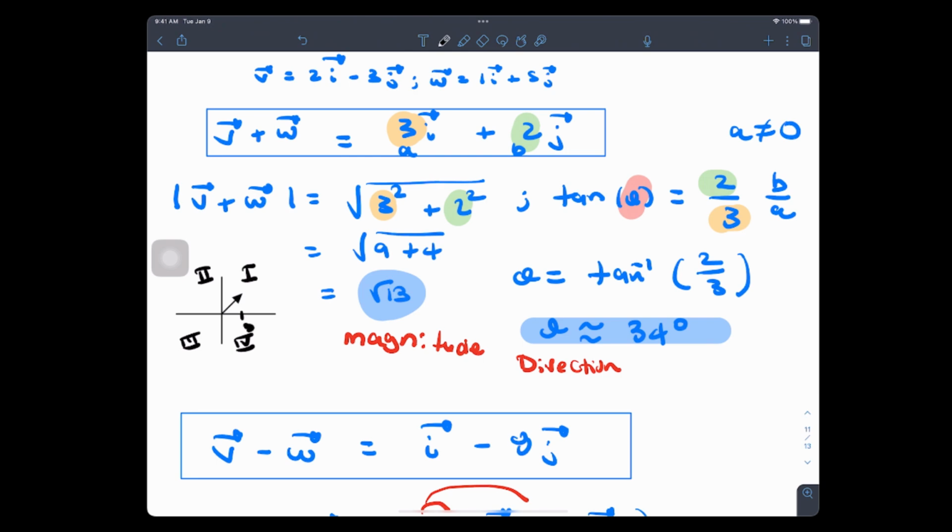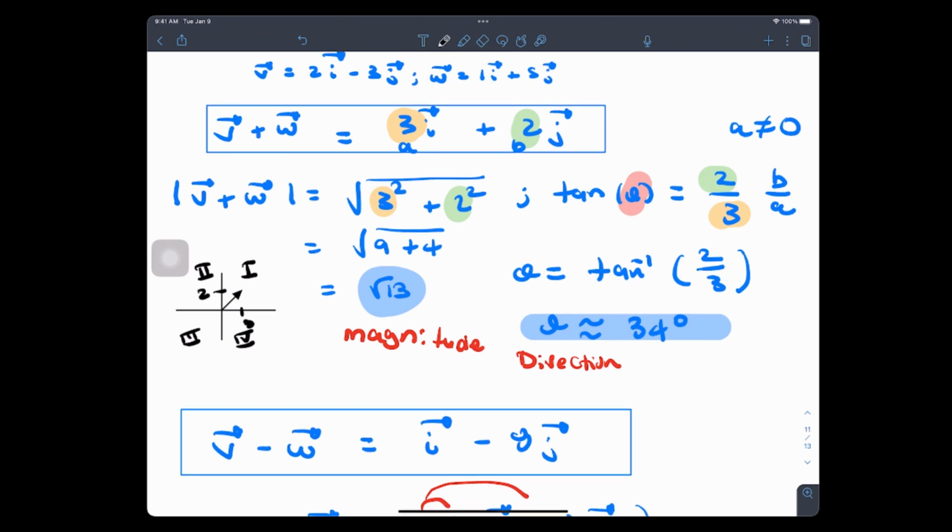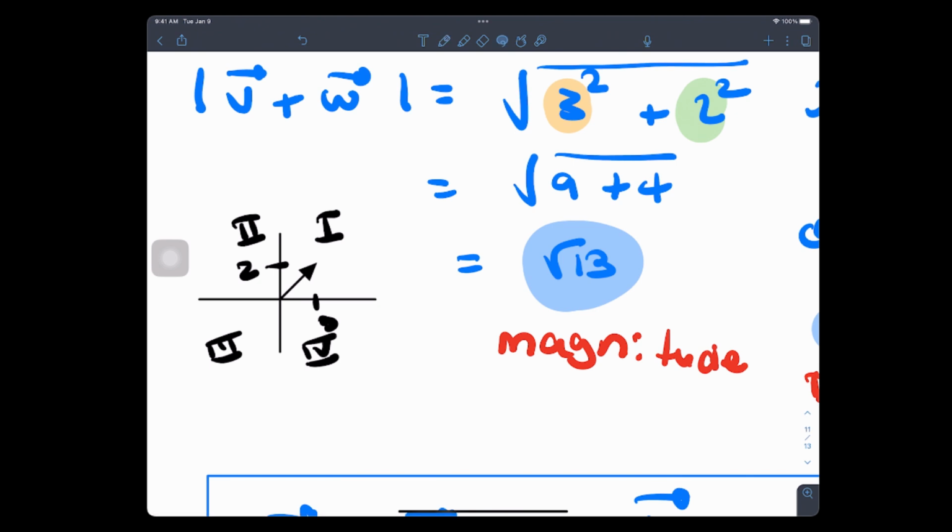So here's 3, and here's 2. I know it's hard to see, but maybe I can move that down. But I want to verify, ladies and gentlemen, that this is a quadrant 1 vector. Because your calculator is very limited. It doesn't give you the answers to every angle. You guys know that, right? It's a quadrant 1 vector.